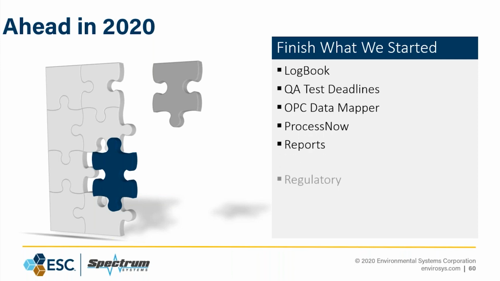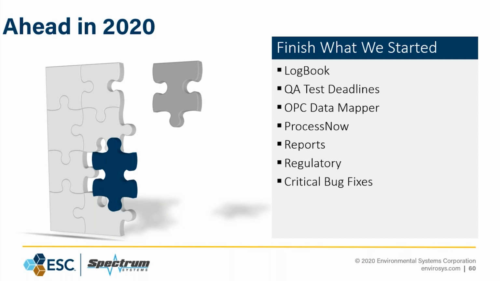Looking ahead in 2020, you should expect finish what we started: some changes, enhancements and bug fixes for Logbook, QA test deadlines, OPC data mapper, and Process, which will have a big feature to be released.